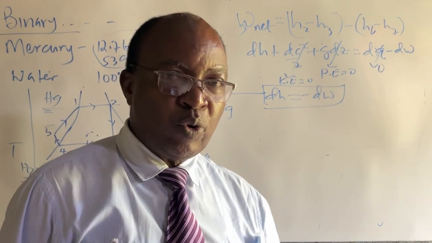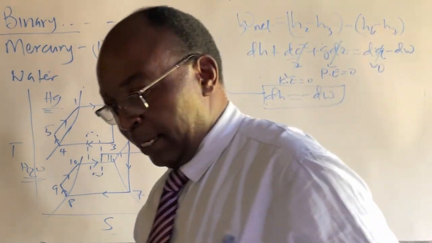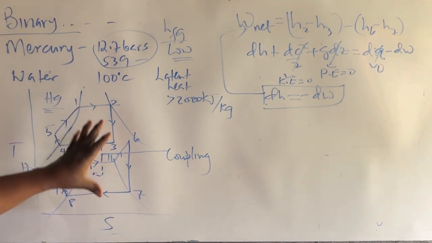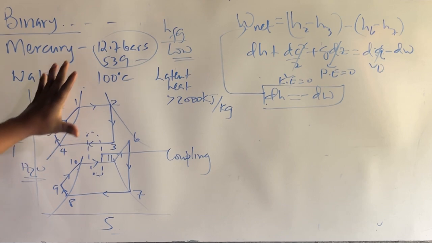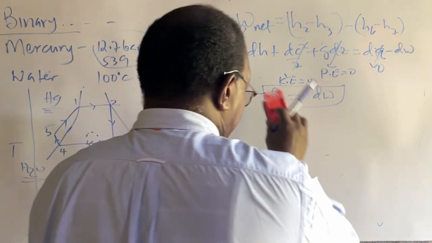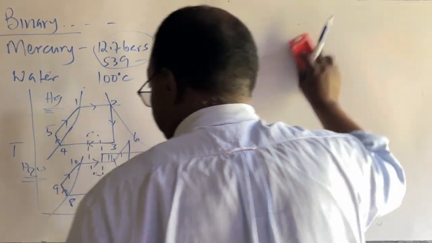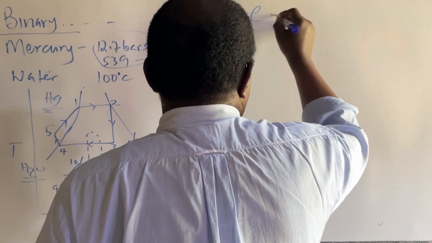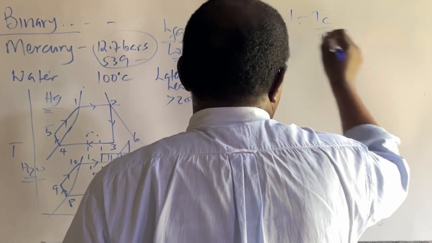Now, how do you compute the efficiency for this dual system or binary system, where we have the mercury system and the water Rankine system? Now, the efficiency of a process in general, we said, was 1 minus Tc over Th.